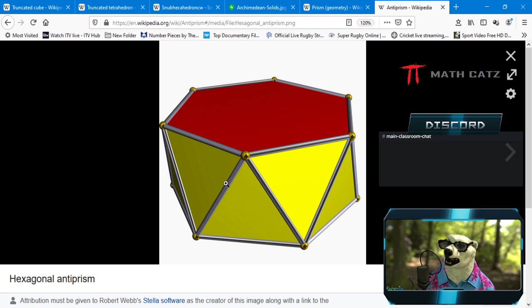So see how the bottom hexagon and the top hexagon, the top one is a little bit rotated to sit a little bit off center. Its vertices are now above the edges of the base.